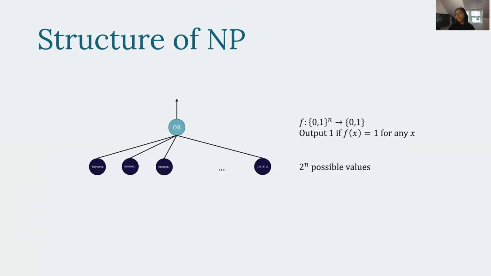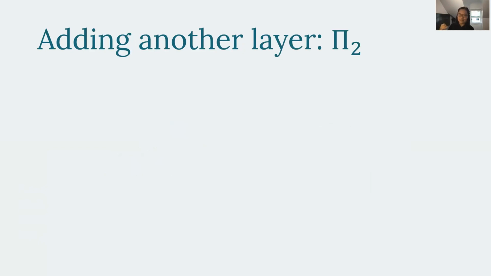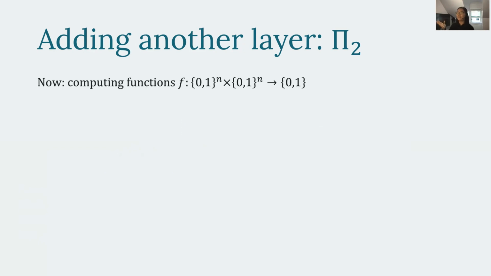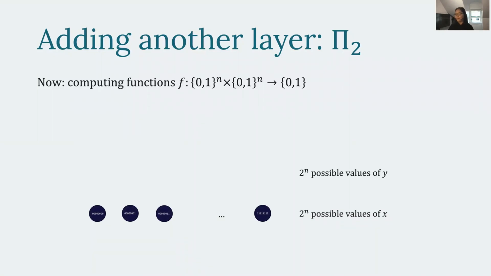And then you can add more layers to this definition. Instead of just computing functions going from {0,1}^n to {0,1}, I have two inputs now. For the first input I'll have 2 to the n possible values of x, and I'll have 2 to the n possible values of y. Then I'll put this giant OR gate over all of the 2 to the n possible values of y associated with each x.